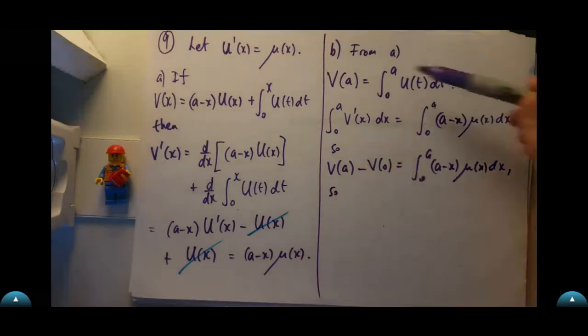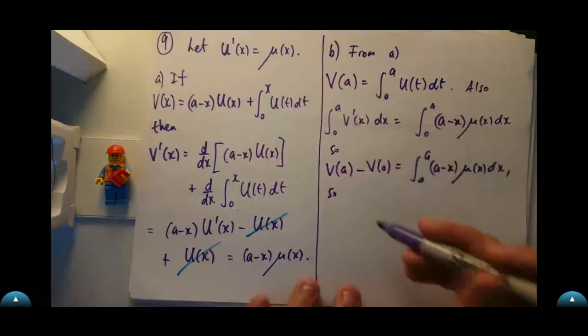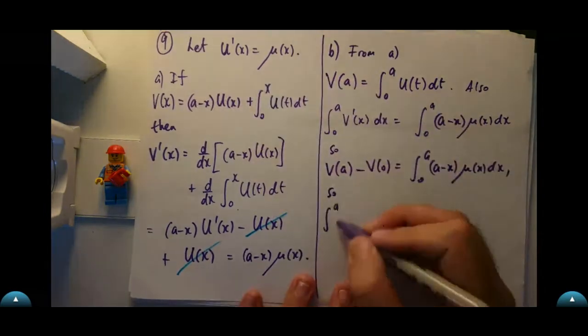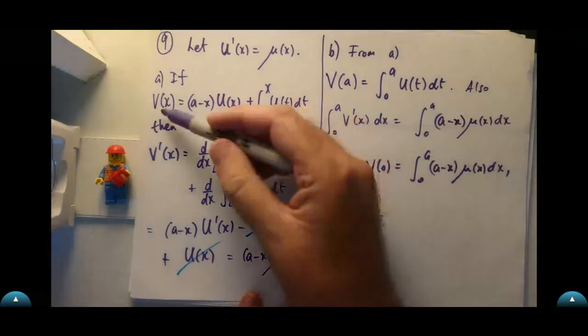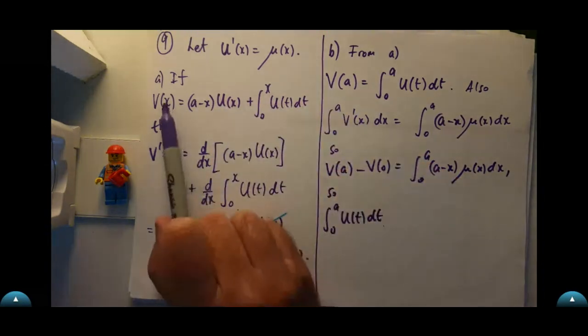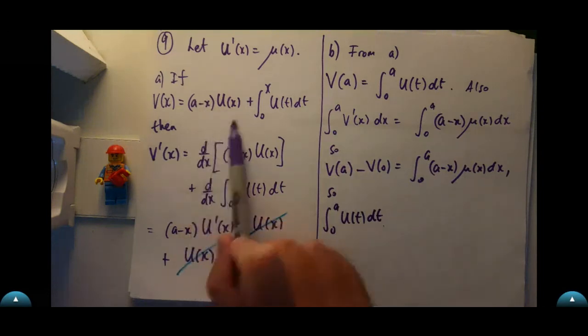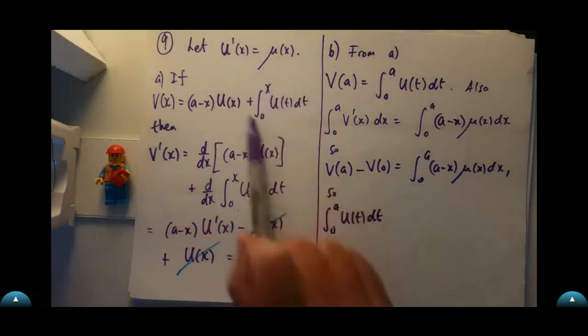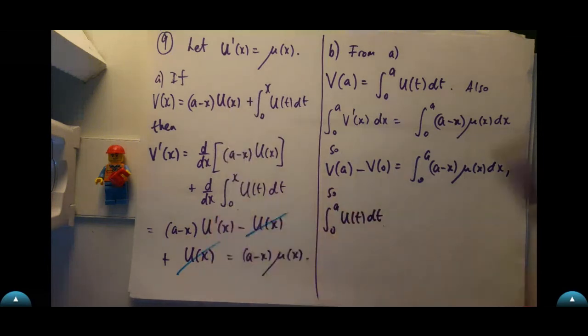So v of a is here from this original definition. V of 0, well, that will be 0. That will be 0. And that will be 0, right? Yep.